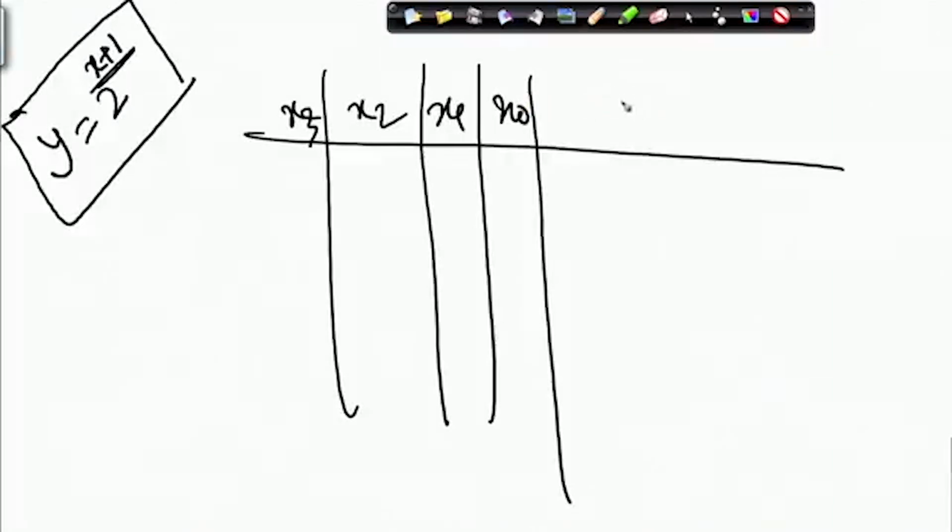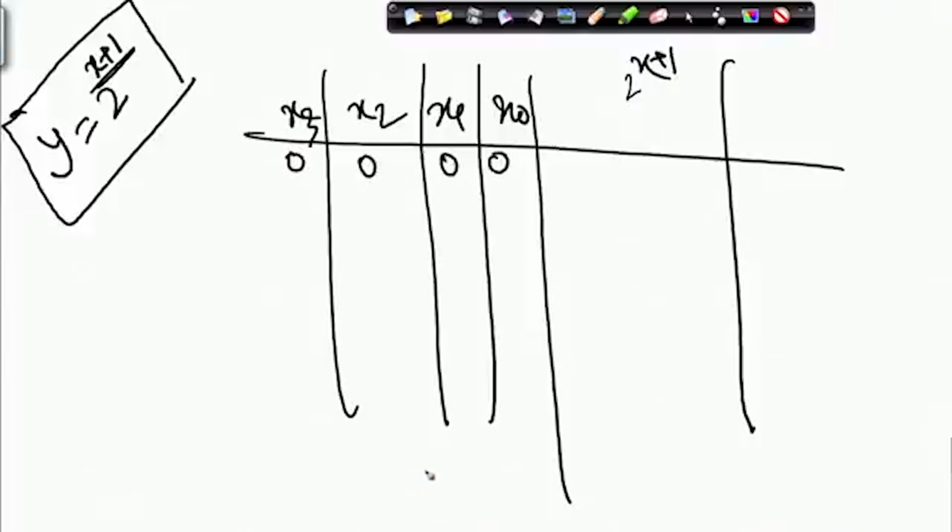Initially it started from 0, but here as I am adding x plus 1, it will start from 1.